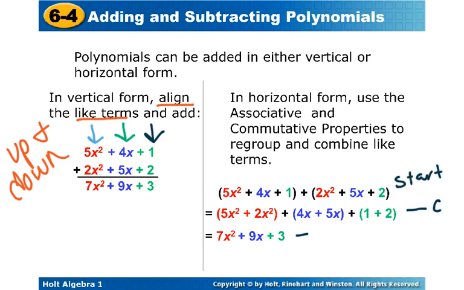This is where they combine like terms. Oh, ran out of space. So combine like terms, and then this is where they simplify. Okay, so you can pick either method that you want to do. I'm going to walk you through both so that you can see how they're both done.